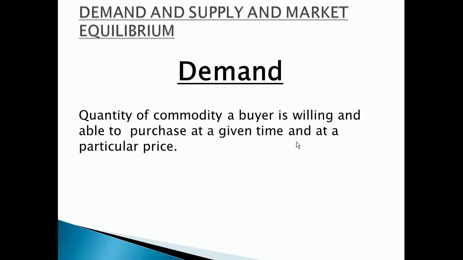There are various determinants of demand. One is the price of the commodity. If a crate of eggs is 100 pula, an individual may buy only one, because considering Botswana prices, 100 pula is quite outrageous for a crate of eggs.